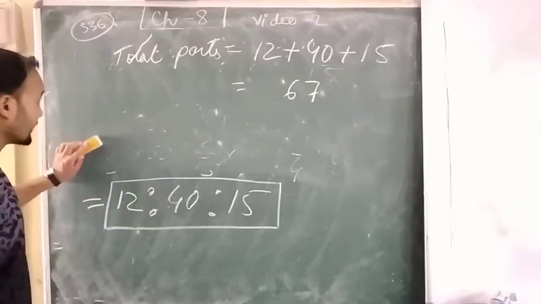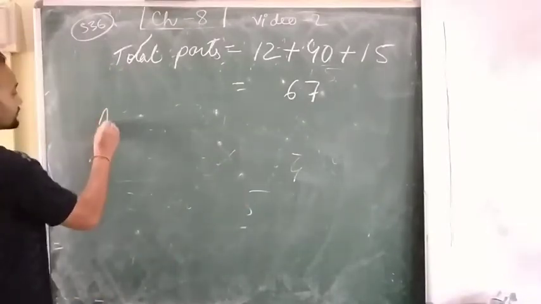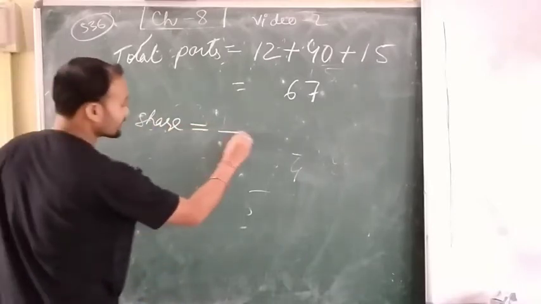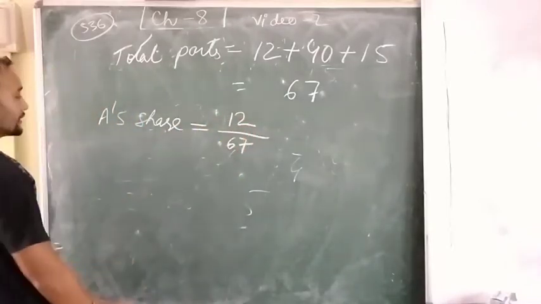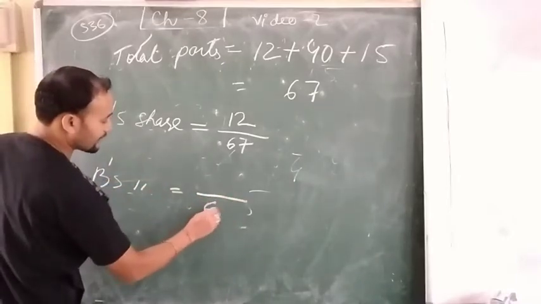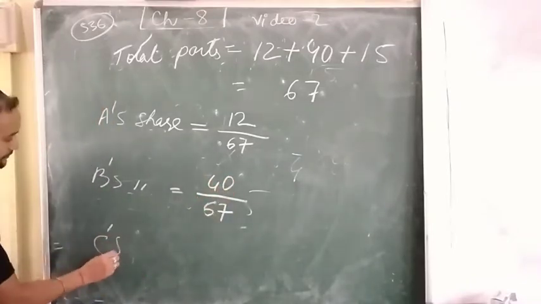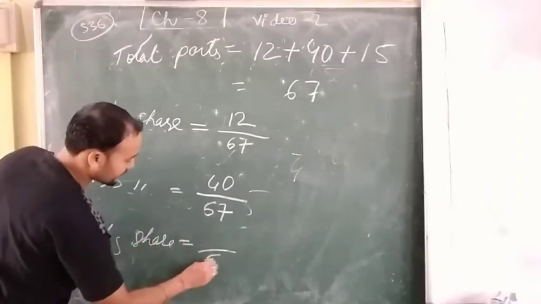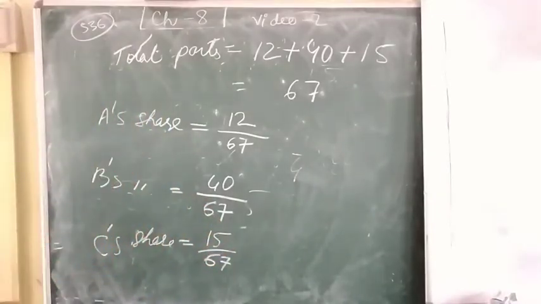Now, what amount of share is A going to get? Out of 67 parts, he is going to get 12 parts. B, out of 67 parts, is going to get 40. Now C, out of 67, is going to get how much? 15. This is the share he is going to get.